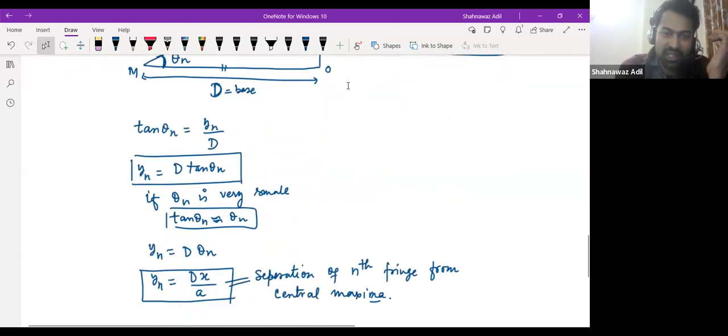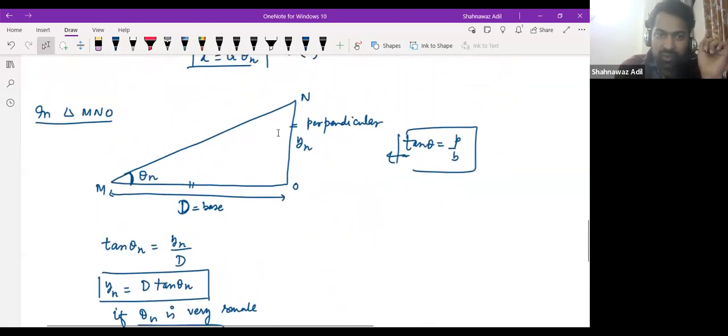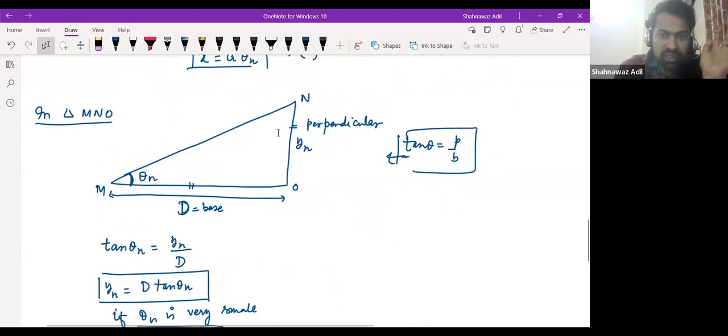Okay, so did you guys understand this part? This would be the separation of nth fringe, and this is the path difference. And as we have done for the case of interference, what did we find out? We found out the bright fringe and the dark fringe. So a similar case will happen in here.